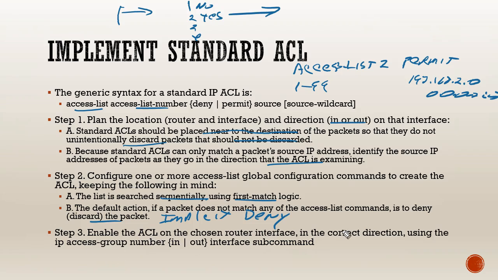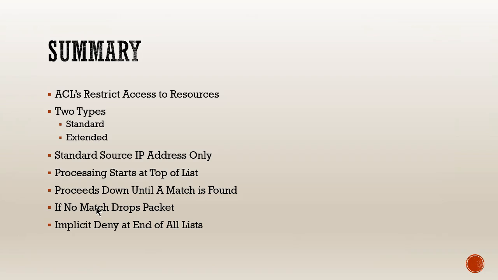Enable it on the chosen router interface in the correct direction, in or out. And sometimes that's pretty subjective, which way we want to enable the access control list. Back to the standard: standard closest to the destination, applied in or out on the interface.